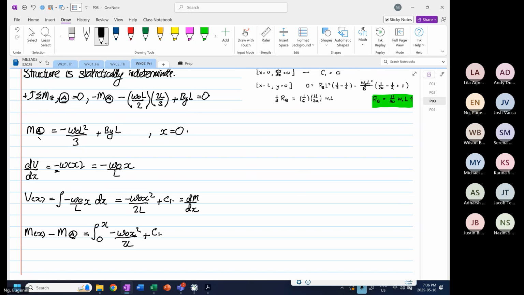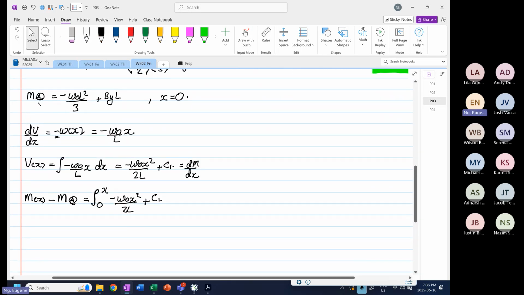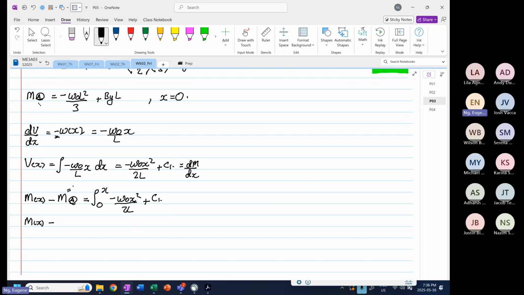Okay. So immediately we know that M as a function of x, M at point A, this is also equal to M at 0, right? So we have over here minus omega naught L squared over 3 plus ByL, close the bracket. And then we integrate, we have minus omega naught. So integrate, I do apologize, I need to put dx out here.